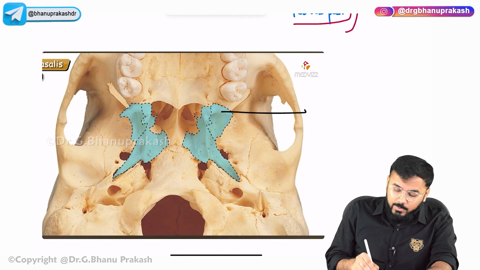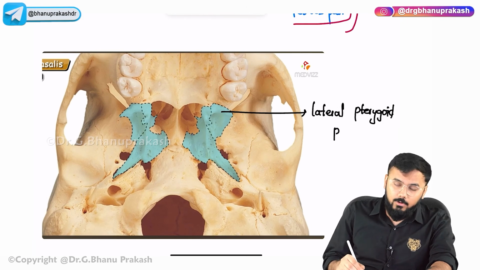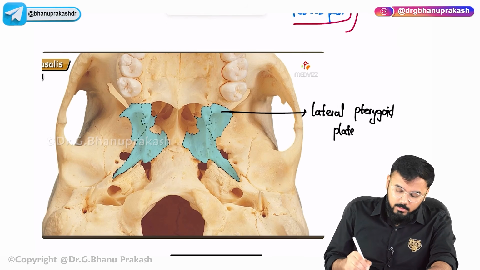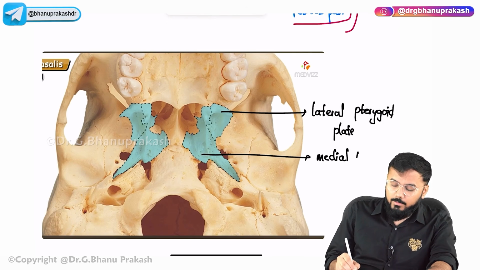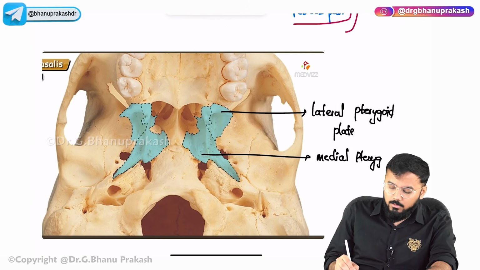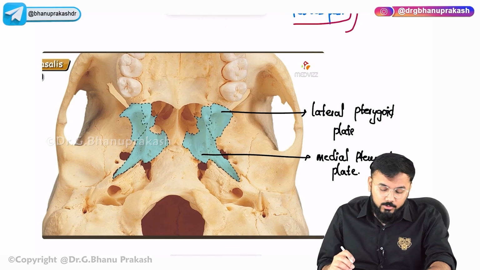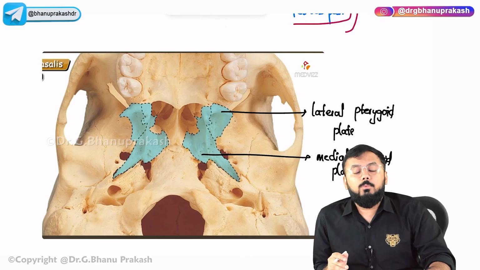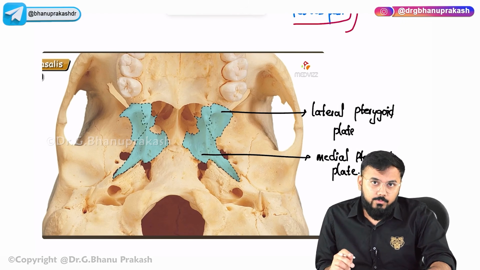This part is the lateral pterygoid plate, and this one over here is your medial pterygoid plate. So the pterygoid process has two important plates, lateral and medial pterygoid plates.